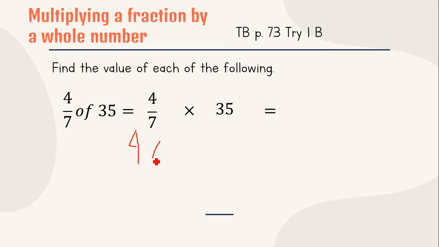4 times 35 per 7. But it will be so long because 4 times 35 will be 140, and 140 divided by 7 is 20.